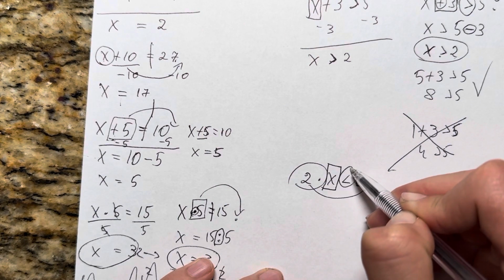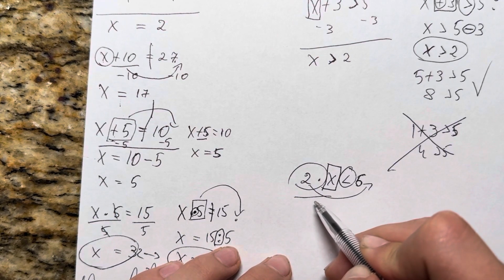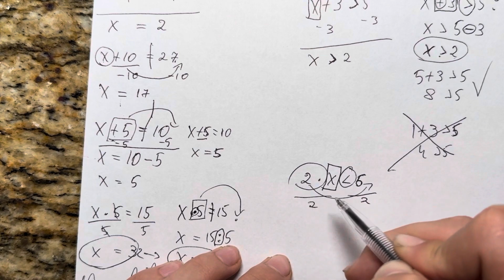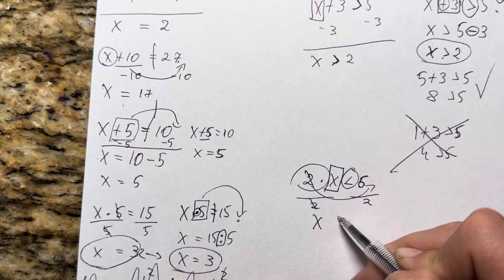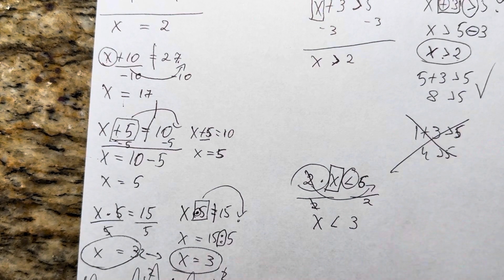In this case, you can do it by dividing everything by 2. These two will cancel out. You'll get x less than, and 6 divided by 2 is 3.